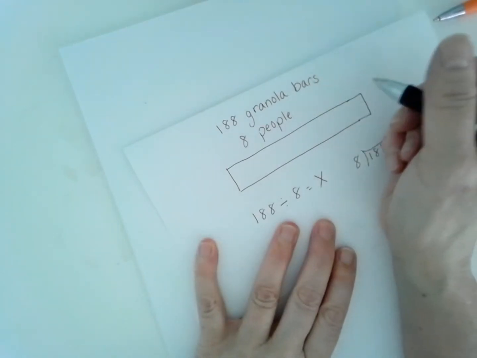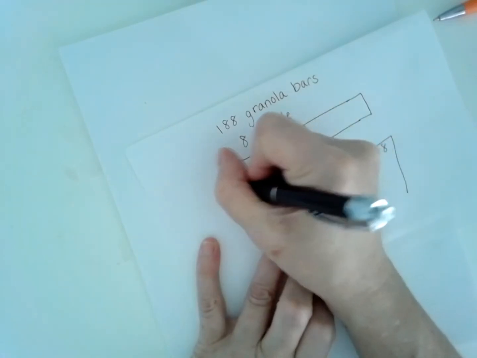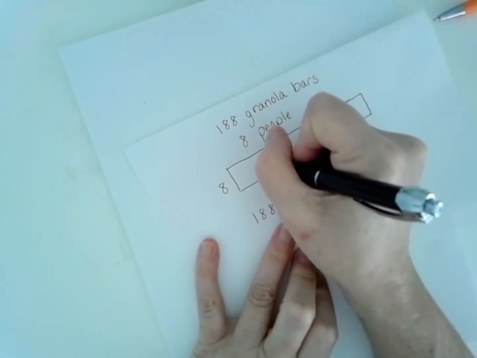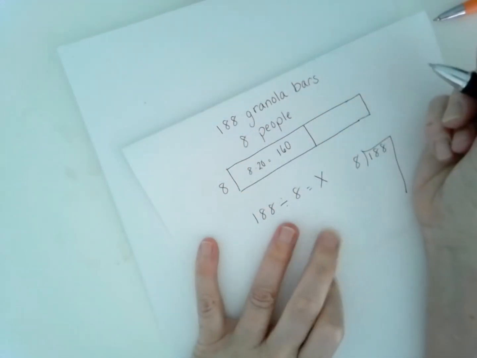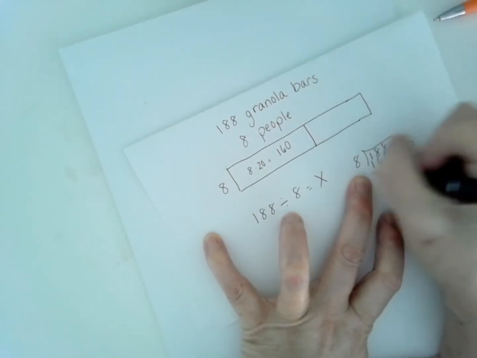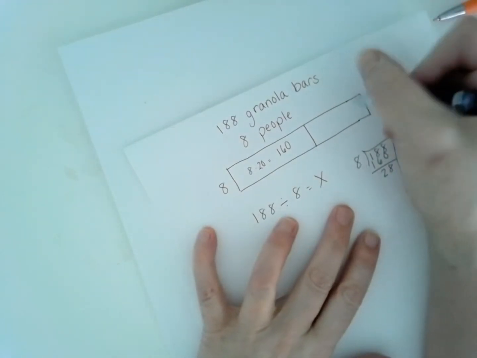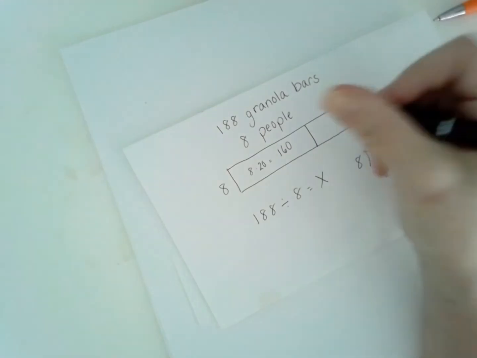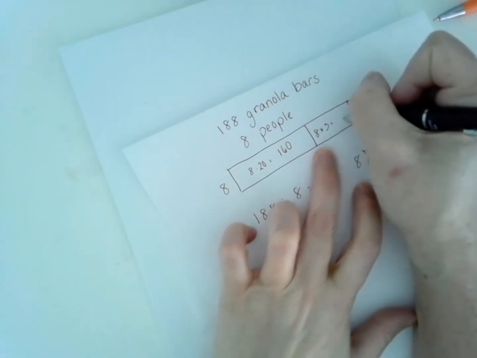So 20, 8 times 20 is 160. That leaves us 28. 8 times 3 equals 24.